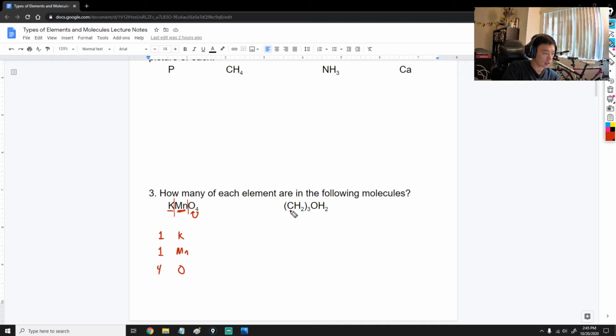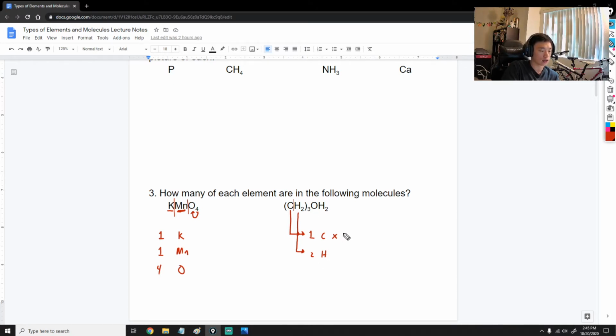It looks like inside the parentheses we have a carbon, right? We have C, and there's no number behind it, so that means it's going to be 1. We also have two H's, right? We know that there's two H's because there's number 2 behind the H. Okay, but we see this whole thing is inside a parentheses, and there's a 3 on the outside.